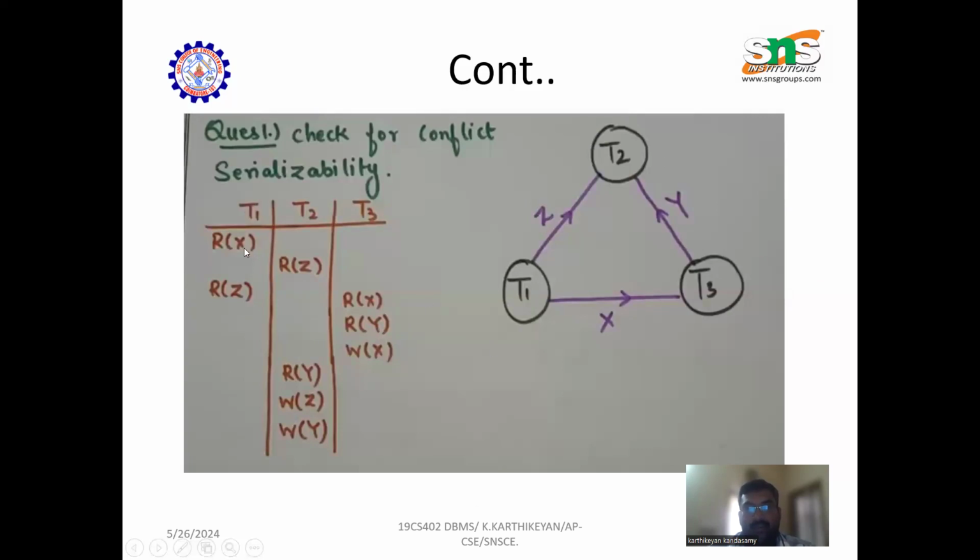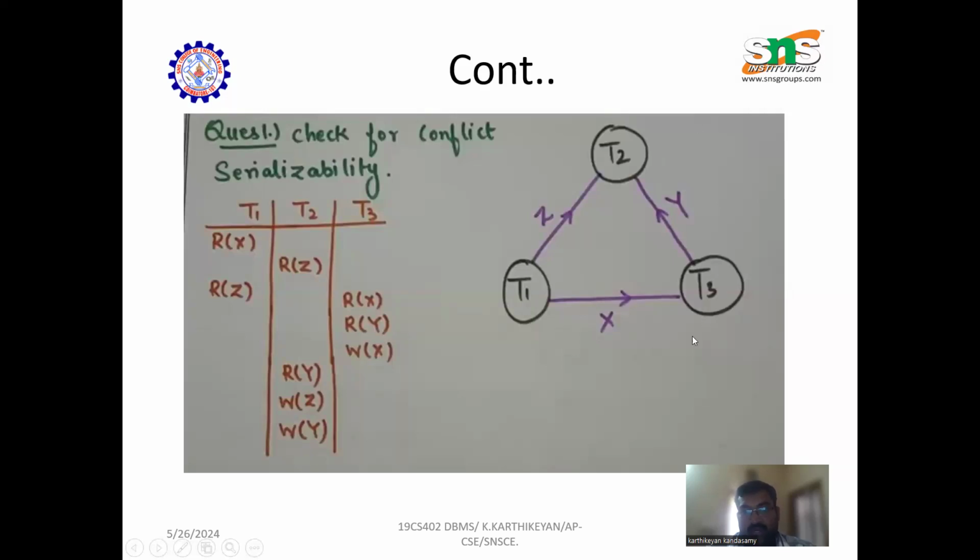So for T1, I choose first R of X: T1 to T3. Then R of Z: T1 to T2. Then R of Z in T2, and R of Y in T2.